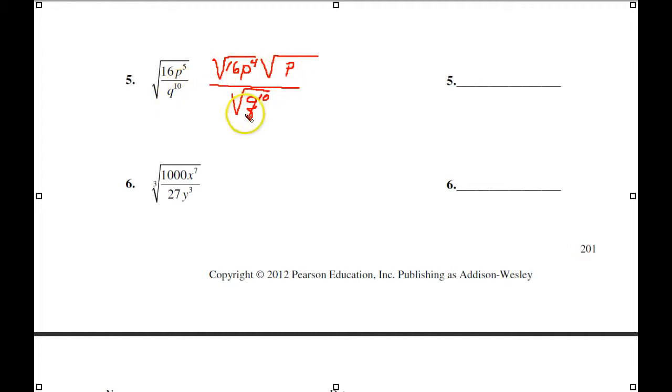But our denominator is a perfect square, and we are allowed to separate it like that. So this becomes 4p squared, the square root of p, all over q to the 5th. Again, dividing the 10 by 2.